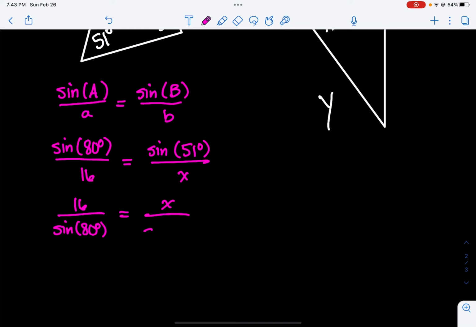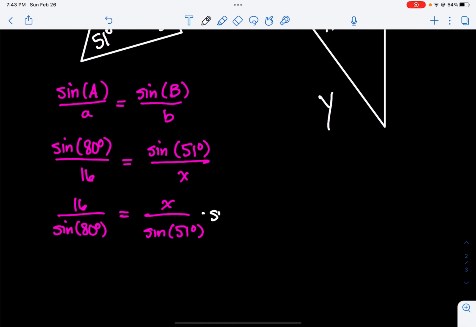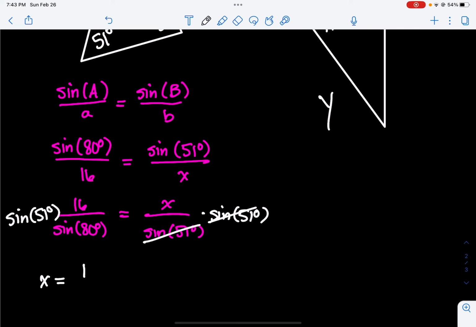So I'll take the reciprocal of both sides, and now I can multiply by sine of 51 on both sides so that these cancel. So we're left with x equals 16 times sine of 51 degrees over sine of 80 degrees.